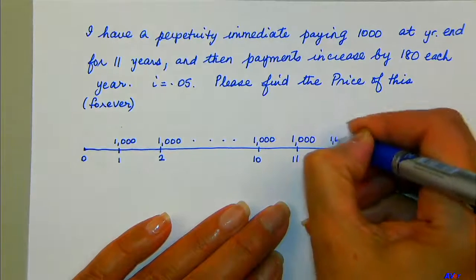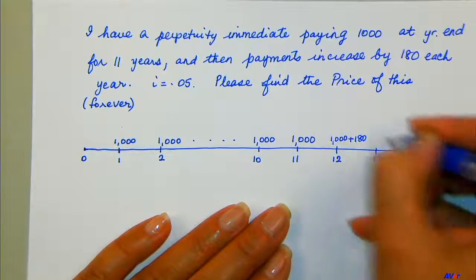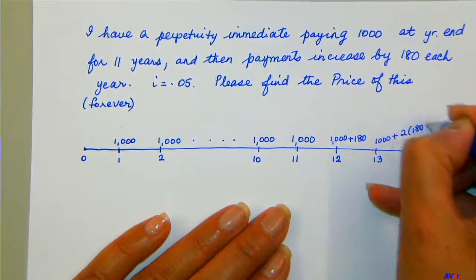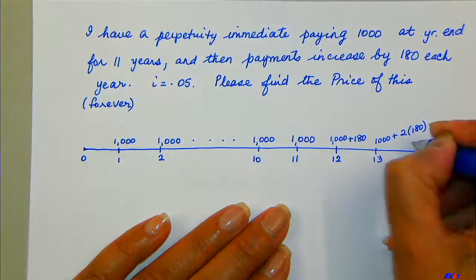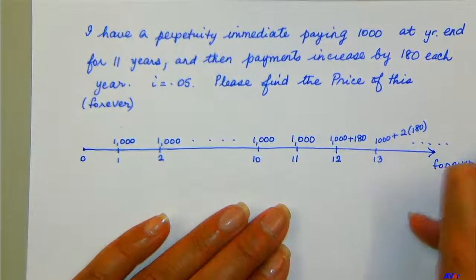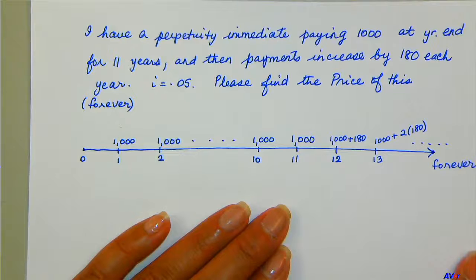So this would be 1,000 plus 180. And at time 13, 1,000 plus 2 times 180. And so forth, forever. Find the price.